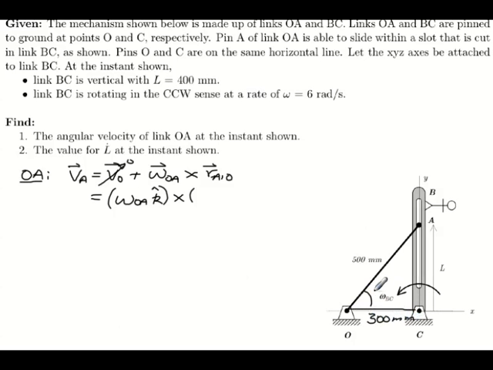So from that we can find the angle theta. Theta is going to be 53.13 degrees. So maybe we don't need that, but if we do, we've got that, because here in order to go from O to A, we know in X we go positive 300, and in Y we go a positive 400.